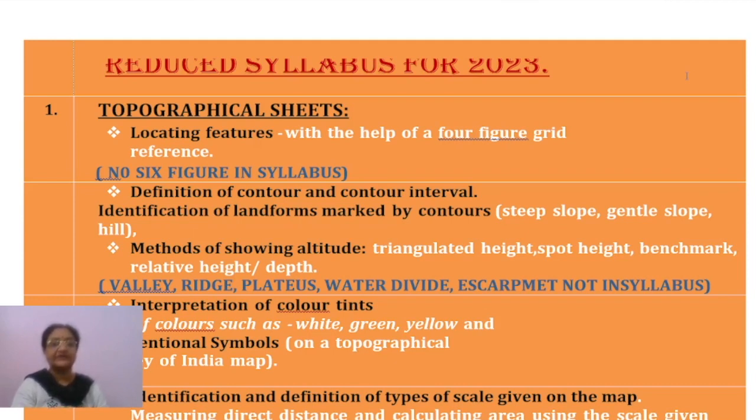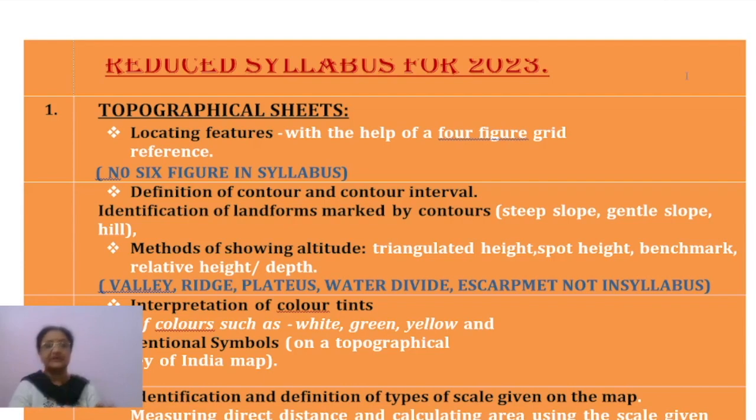Now the next point is the interpretation of the color tints. According to the different colors, what does it interpret, or what type of occupation we can relate to it. If any area is yellow colored, what occupation can we relate with that? If it is green colored, what is the occupation related to it?